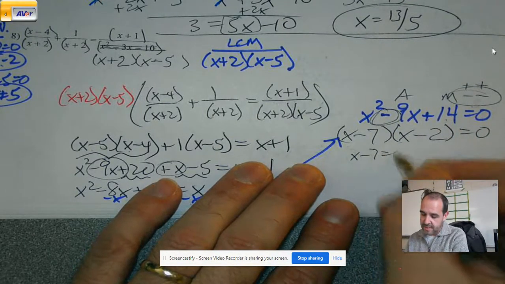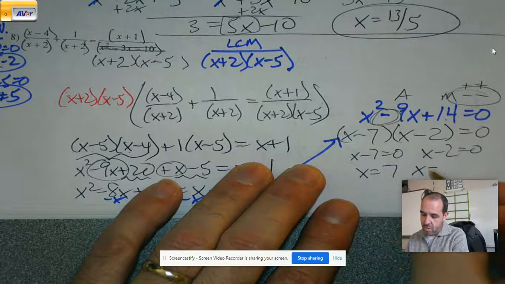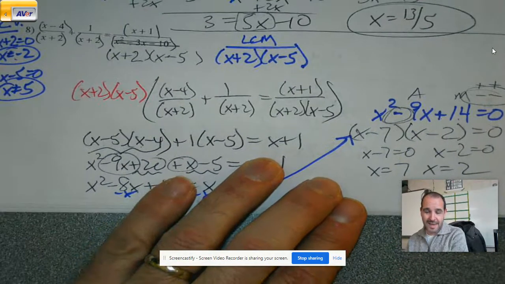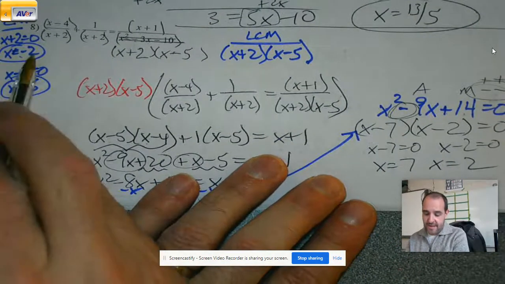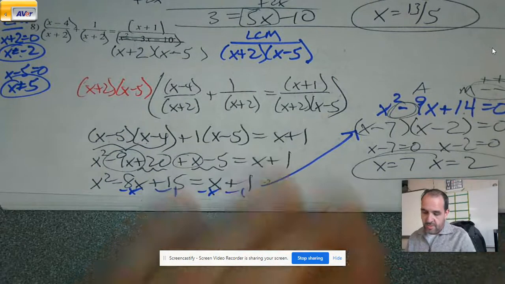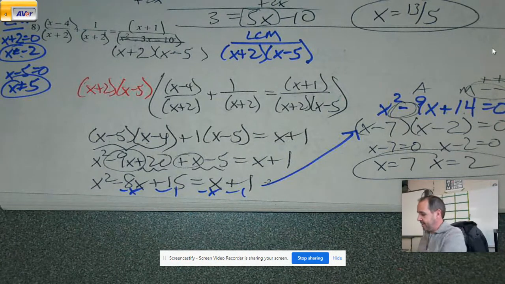Set those equal to 0 and solve. Now be careful. We're close this time. We almost had an extraneous. Negative 2 would have been an extraneous, but we got positive 2. Wait, I can get 2 answers? You can. You can. So be cautious of that.